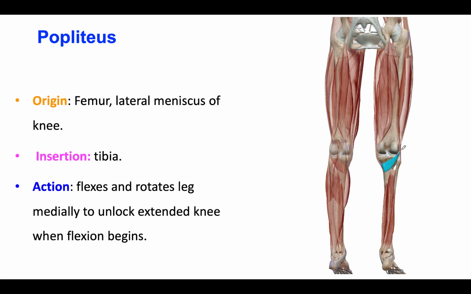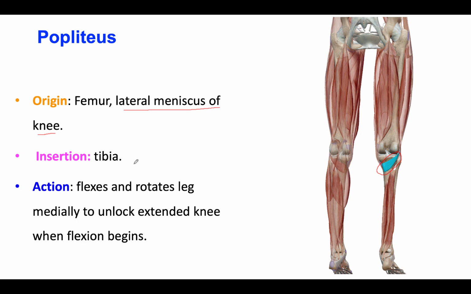Popliteus. Now, the origin is on the femur, and specifically, it's connected to the meniscus. It's short and thick, and the fact that it originates from the lateral meniscus of the knee makes it a strong contributor to knee stabilization.